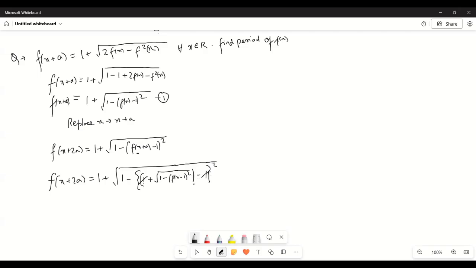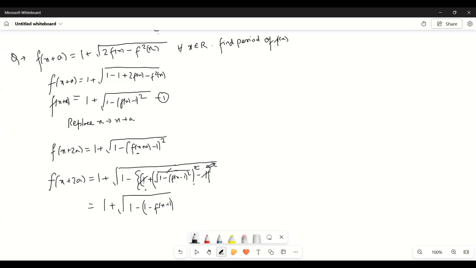So in that case ये वाला जो स्क्वायर है वो इसका स्क्वायर बन जाएगा. ये स्क्वायर इस रूट के साथ कैंसिल हो जाएगा. So we will get 1 plus root over of 1 minus 1 minus of f of x minus 1.